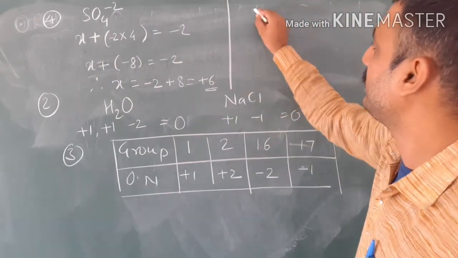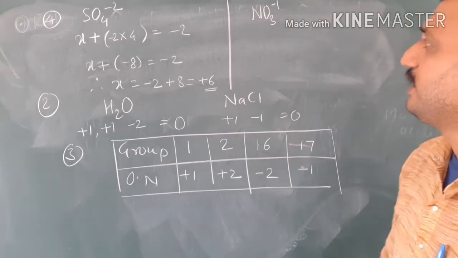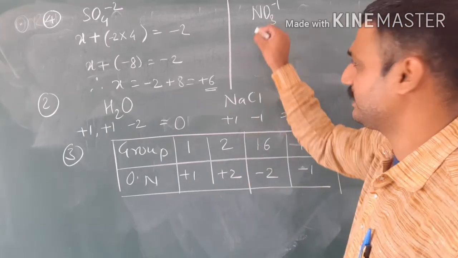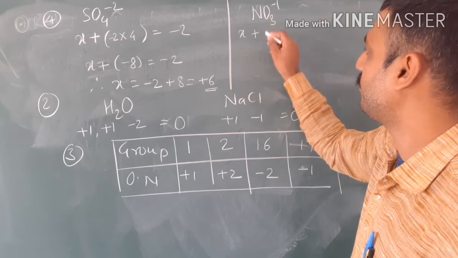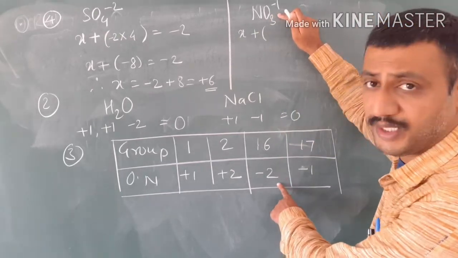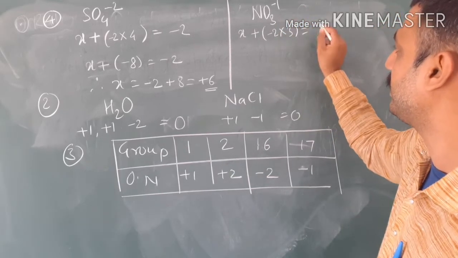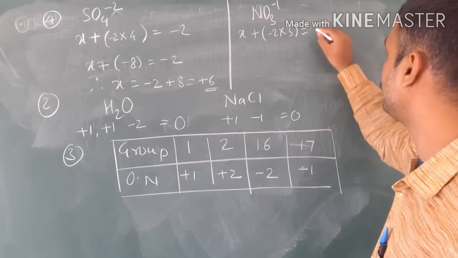Determine the oxidation state of nitrogen in the NO3⁻ nitrate ion. We consider the oxidation state of nitrogen as X, plus the oxidation state of oxygen. Oxygen is a 16th group element, its oxidation state is -2, into the 3 oxygen atoms we have, equal to the sum of oxidation states of all species, which is -1.